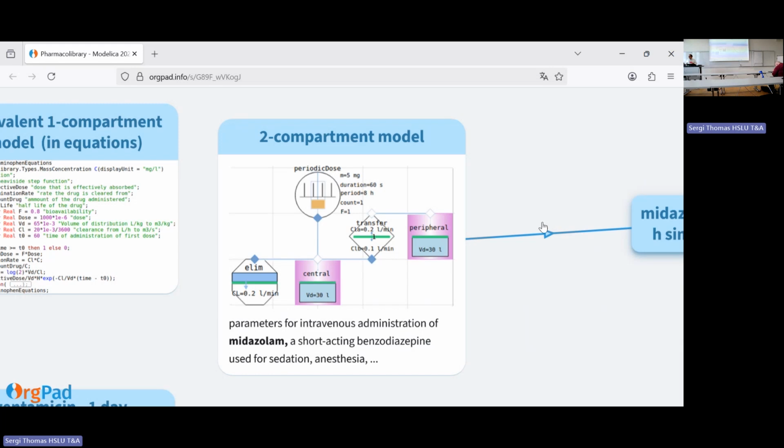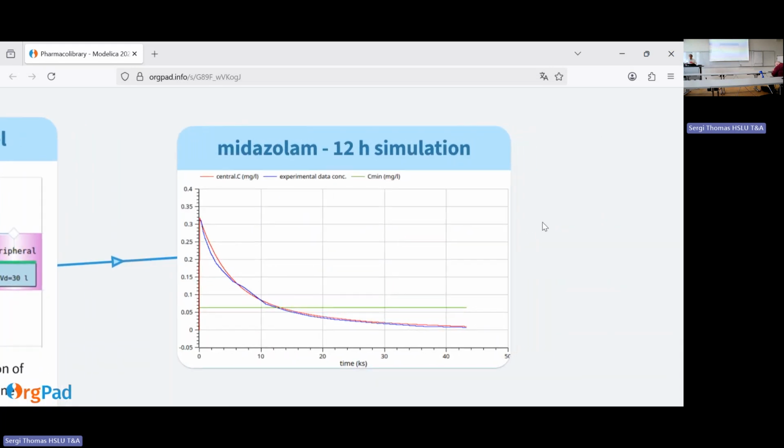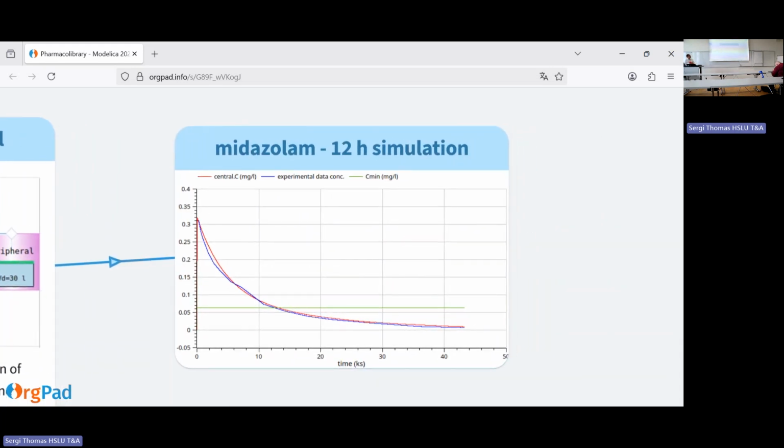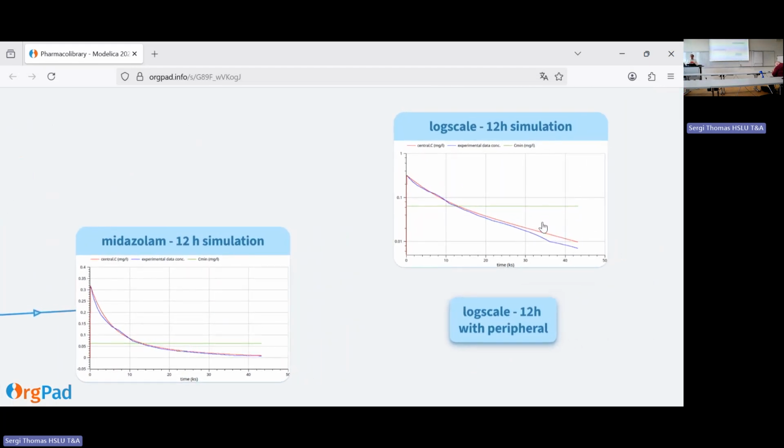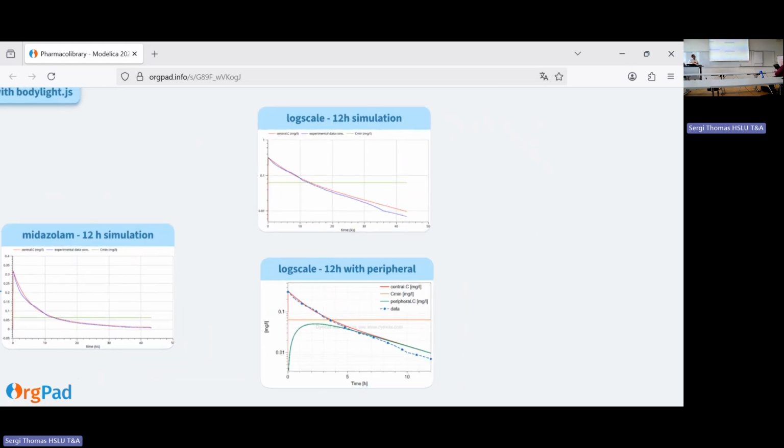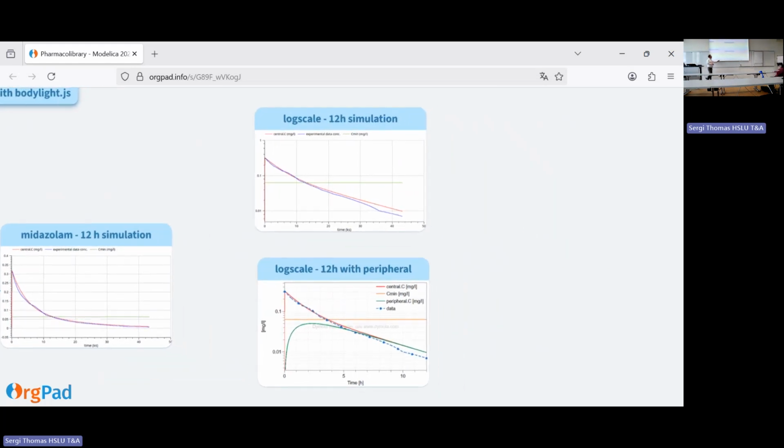And for example, midazolam is used for sedation and anesthesia. And in a normal scale, you see again something like logarithmic decline, but on the logarithmic scale, it's not linear. And it is because the peripheral compartment here works as a storage at the beginning of the simulation and also the distribution.